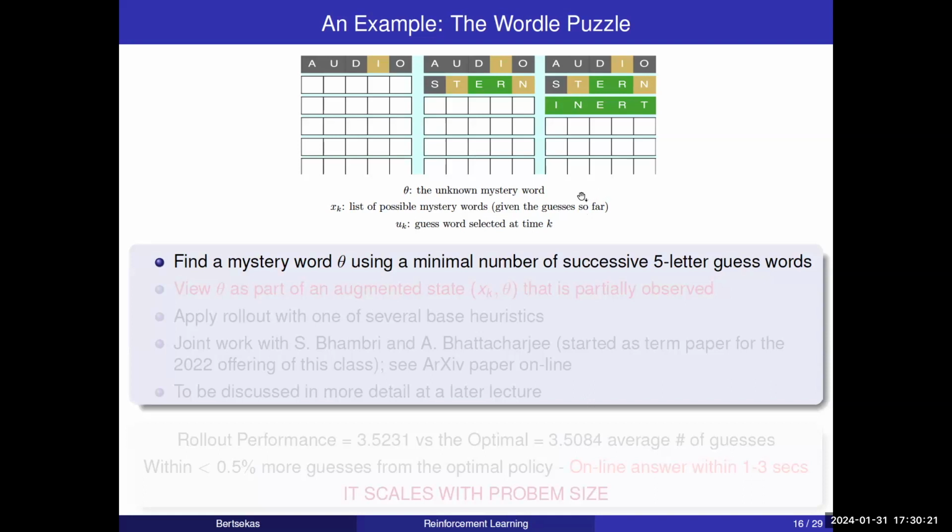So previous outcomes affect and guide future choices. And that sort of thing happens in a lot of other contexts of sequential estimation. In fact, the word puzzle is not a new game. It's a special case of a broader class of puzzles that has been around for decades, called Mastermind. Mastermind is a game that was invented at the time of Monopoly.